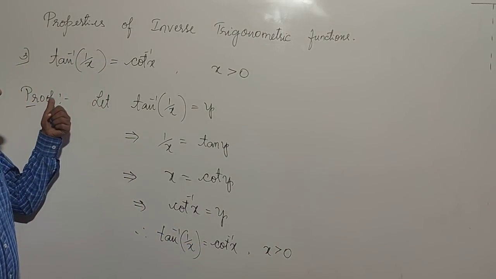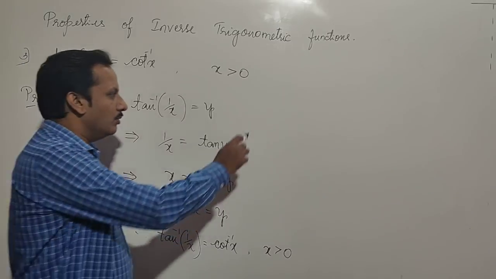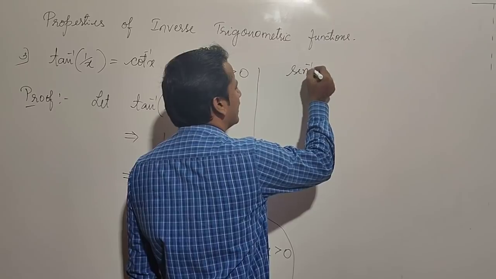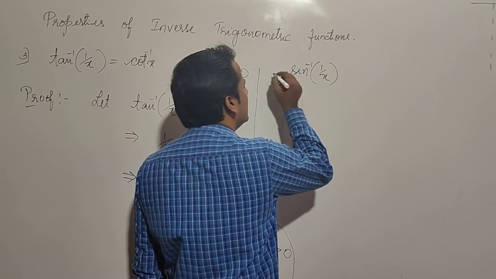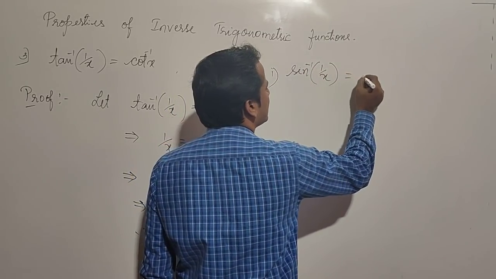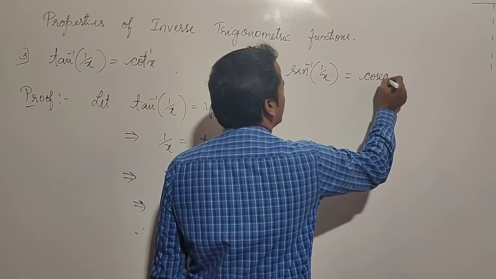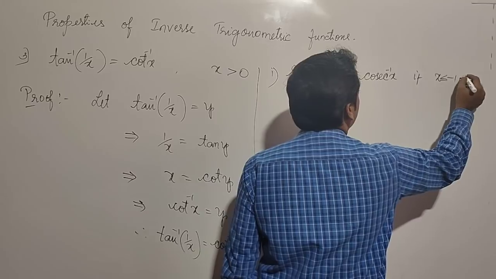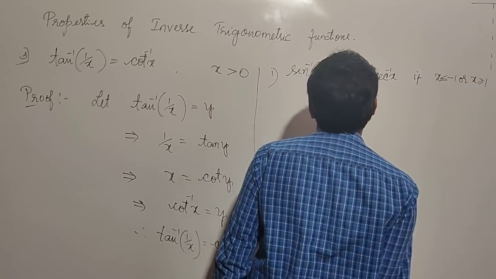Okay, so what we learned now, let us recall these three properties. Sine inverse of 1 by x is equal to cosecant inverse x if x is less than or equal to minus 1 or x greater than or equal to 1.